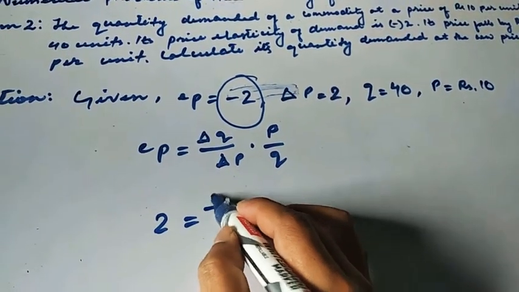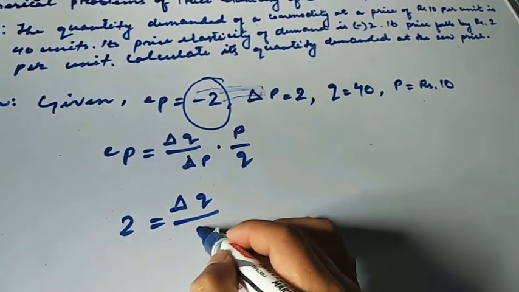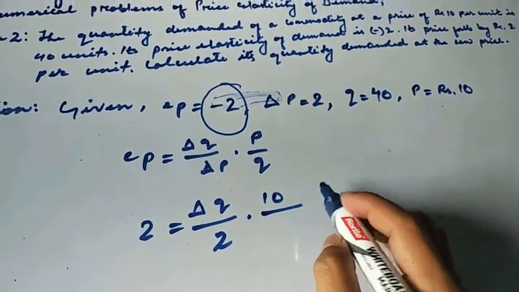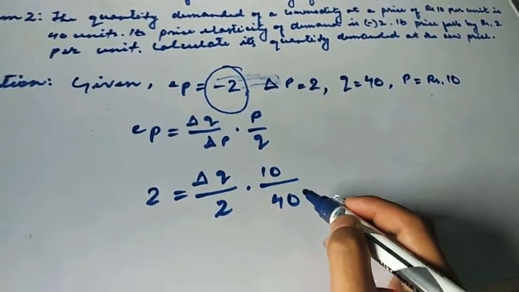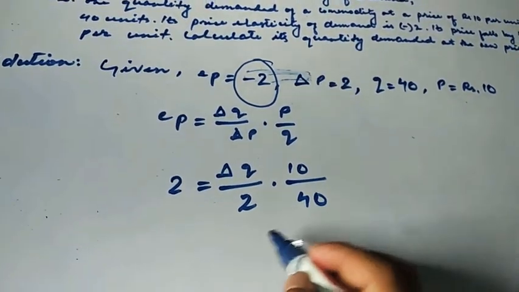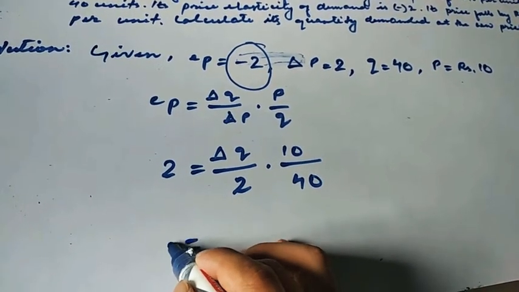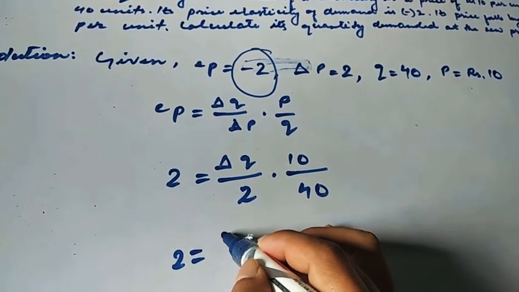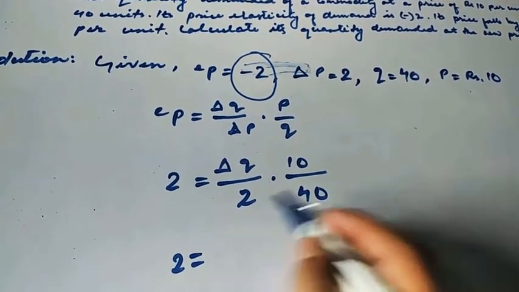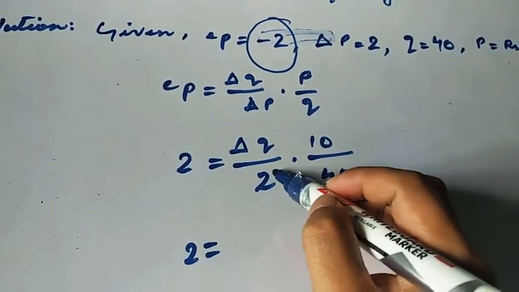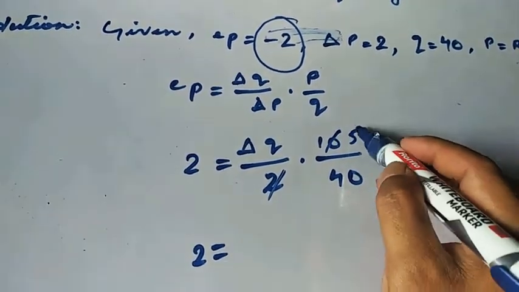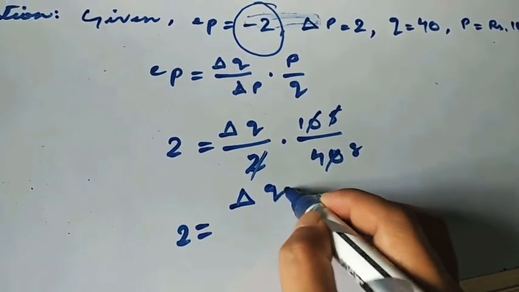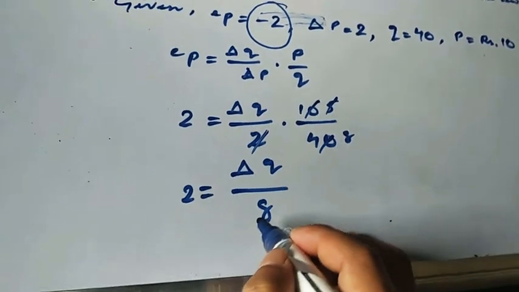Change in quantity demanded is what we have to find out. Change in price is rupees 2, into original price 10, divided by quantity demanded 40 units. So 2 5s are 10, and 5 8s are 40. So what we have is change in Q by 8.